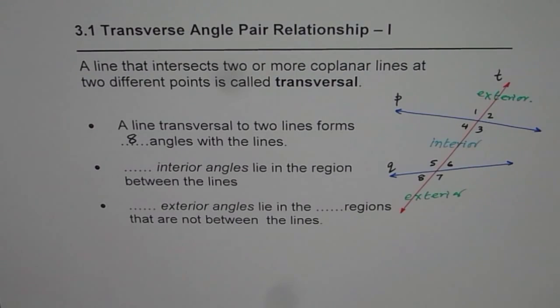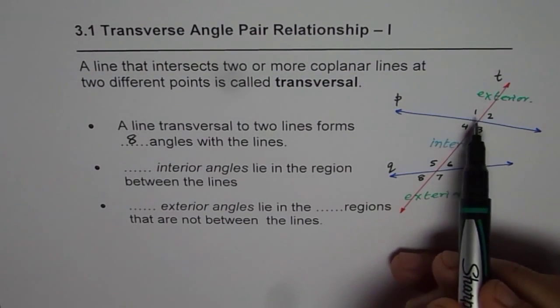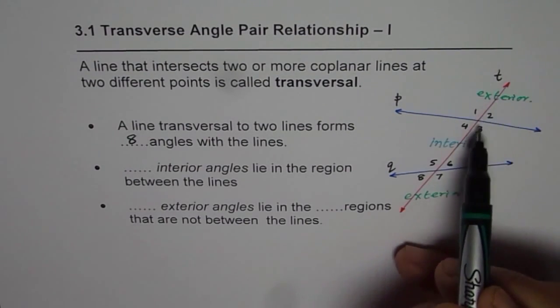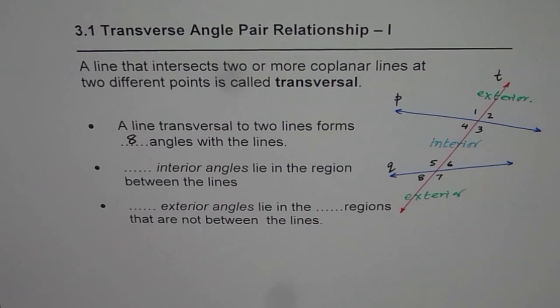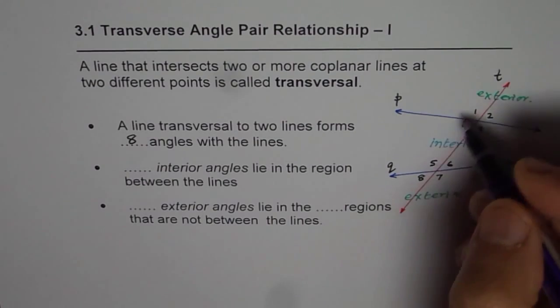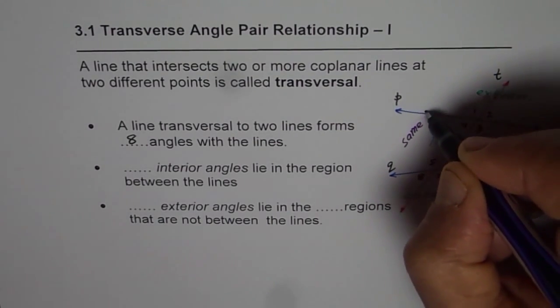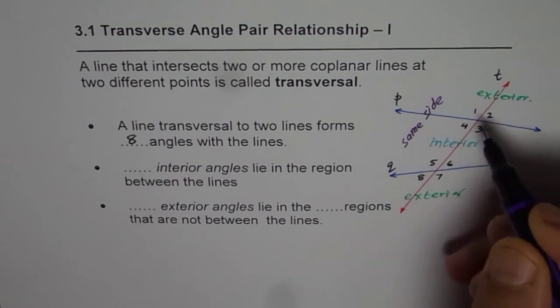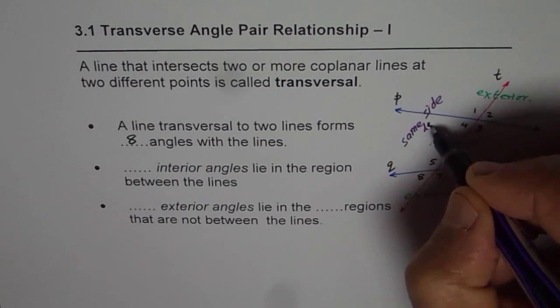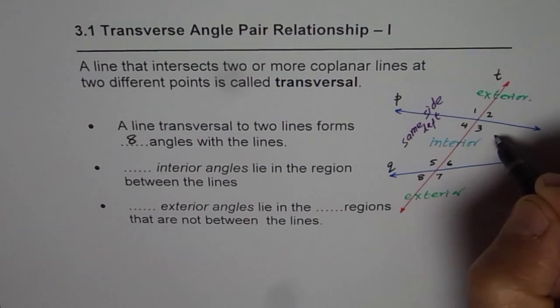Now we also say that the angles which are on the same side, so if this is my transverse line, then the angles which are on the left of the lines, let us say same side angles means same side, maybe these are to the left, do you see that? Same side, and this could be right.